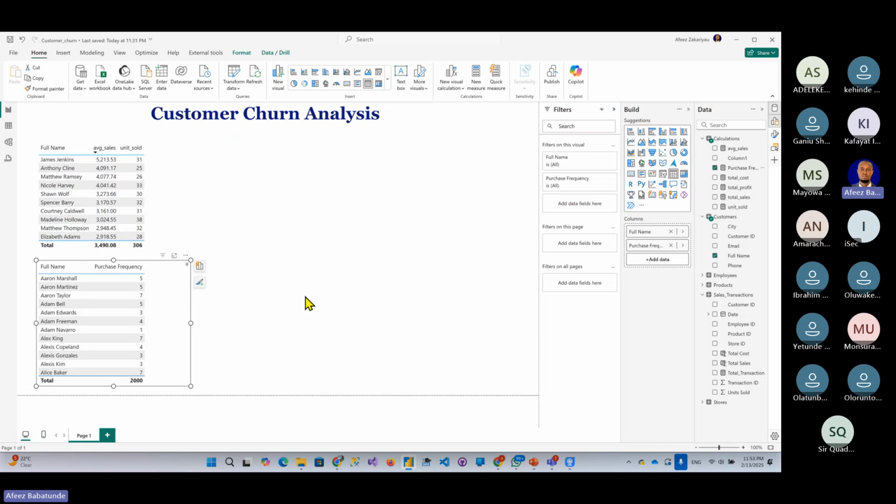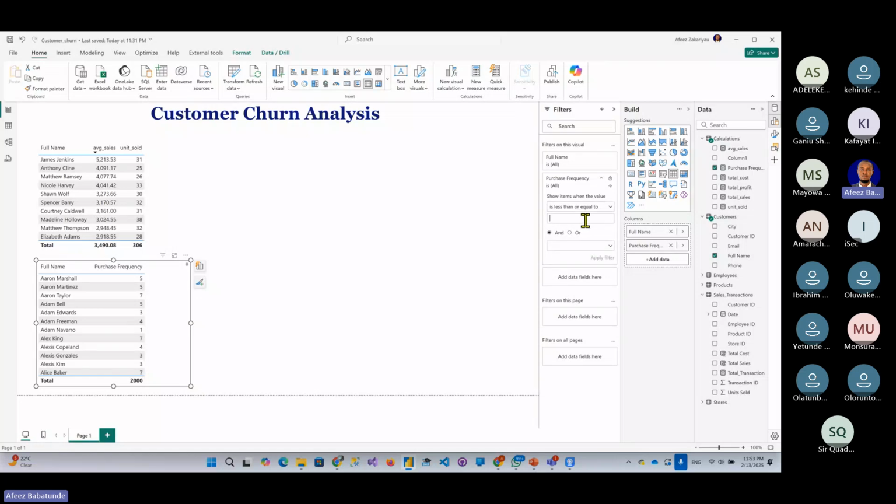So how can I achieve that? Any opinion? You can say, computer, you want to get the list of customers whose purchase frequency is less than or equal to what?